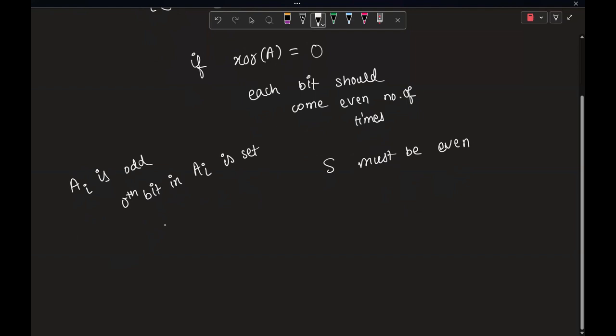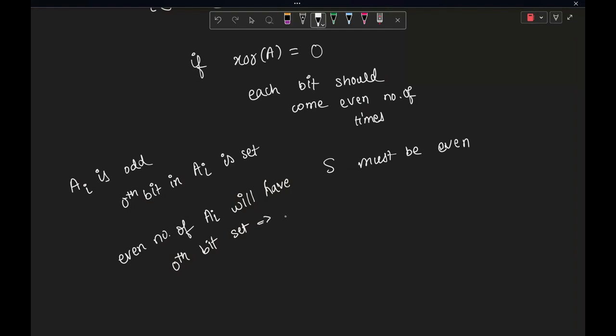But you know that each bit should come an even number of times, so an even number of A_i will have the 0th bit set. This is good enough to signify that S must be even.